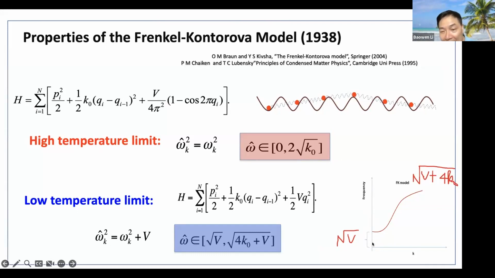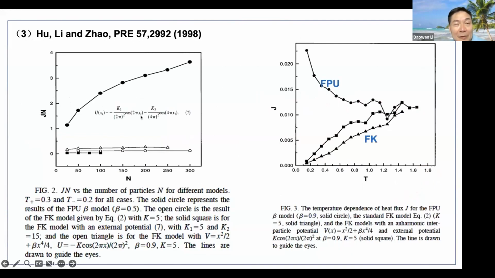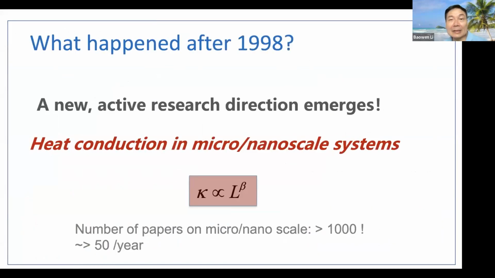The FK model has a non-zero lowest mode. Numerical calculation found that the FK model has a finite thermal conductivity, different from the FPU model, which is divergent. The temperature-dependent conductivity also differs: for FPU it decreases as temperature increases, and for the FK model it increases. Since 1998, this problem has become very hot, and this research area has become very active.